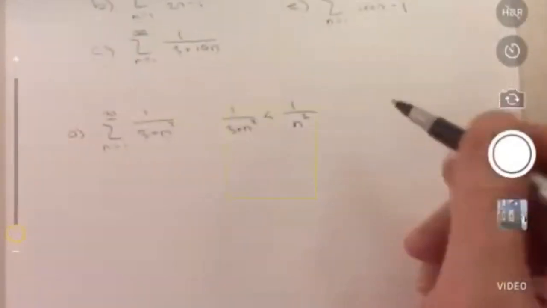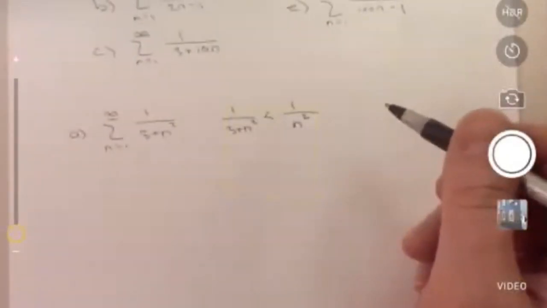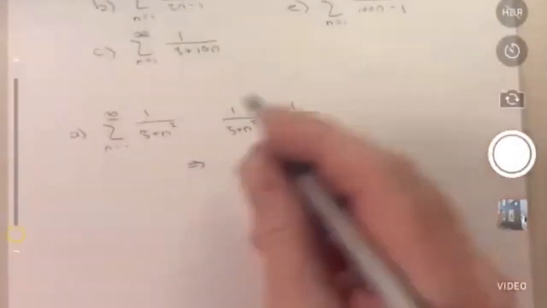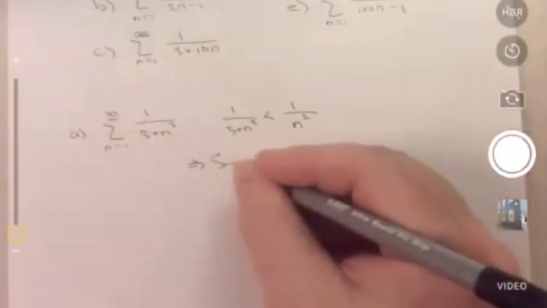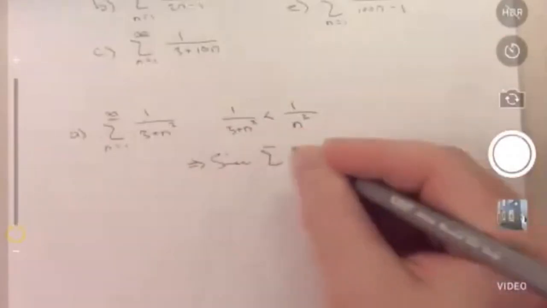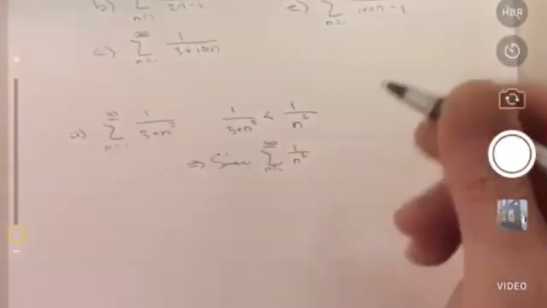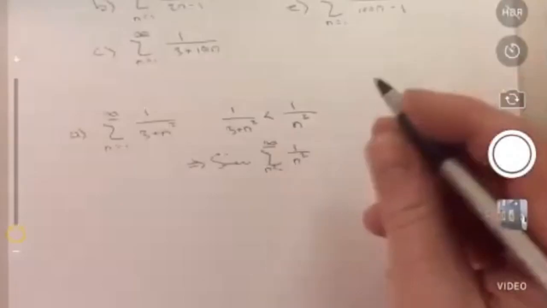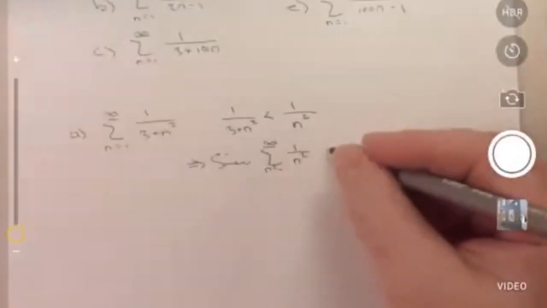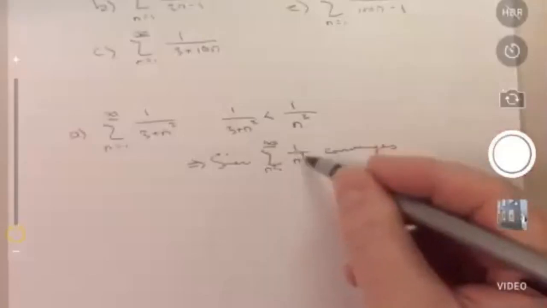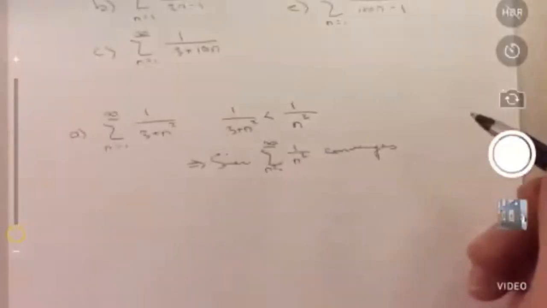What we'll see, and we'll give a solid argument for this in just a little while, is that since the P series with P equals 2, the series with 1 over n squared as the terms, converges, remember, a P series converges provided that the exponent is bigger than 1.